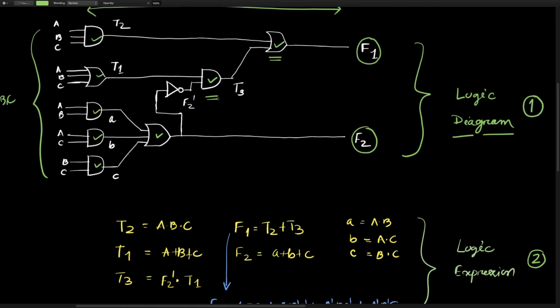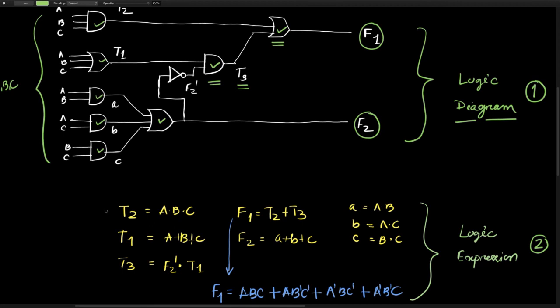For this logic gate we have F2 complement and T1 as inputs, whereas T3 is the output. For this logic gate, T2 and T3 are the inputs. So we have to label all the inputs and outputs in between, and find the expressions for them accordingly.